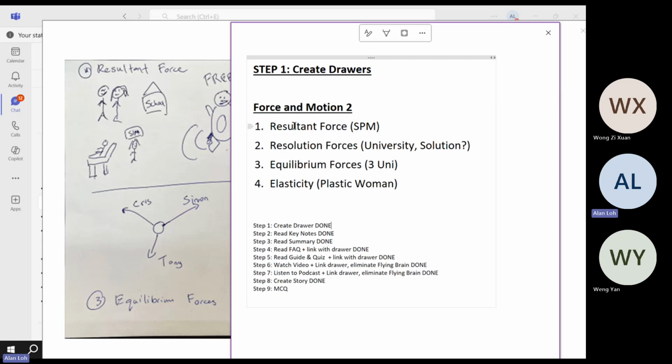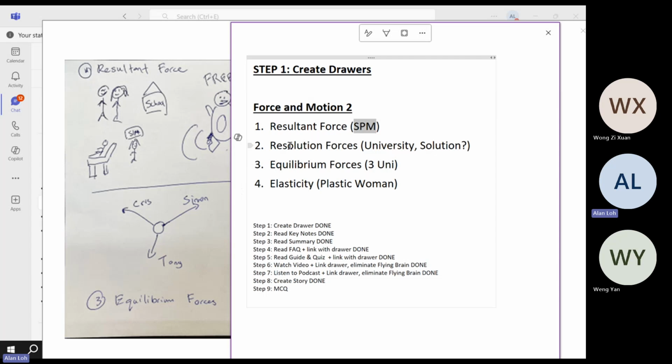Just by looking at the name of the drawer. Result is always related to exam, so I create this sticker that is SPM. SPM is more related to you, so I'm creating the emotion so that you can remember this easily. SPM is the sticker for the first drawer.